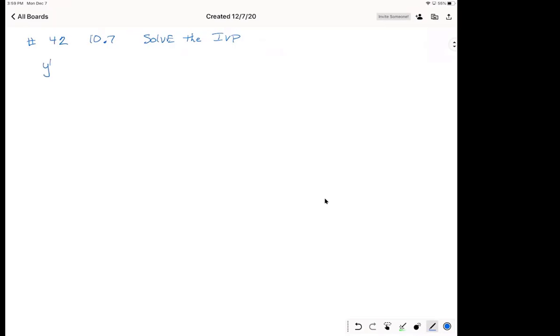In this case, it's y prime plus y equals f of t. Sorry, I thought I had done a different example. All right, we'll wing it. And then y of 0 equals 2. And then f of t equals, and they drew a picture for us.